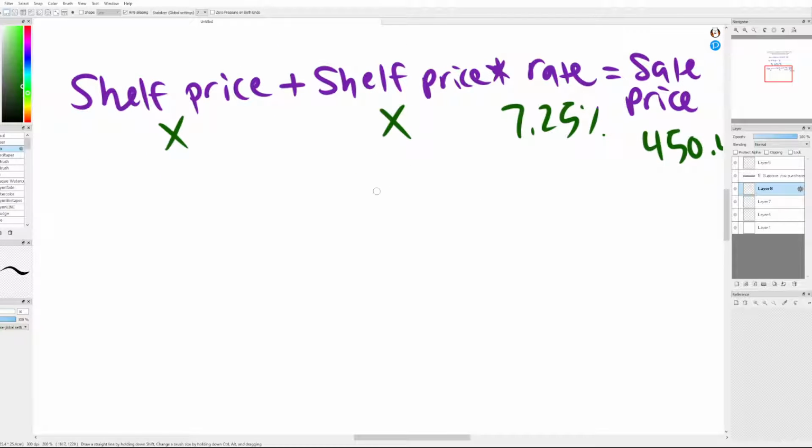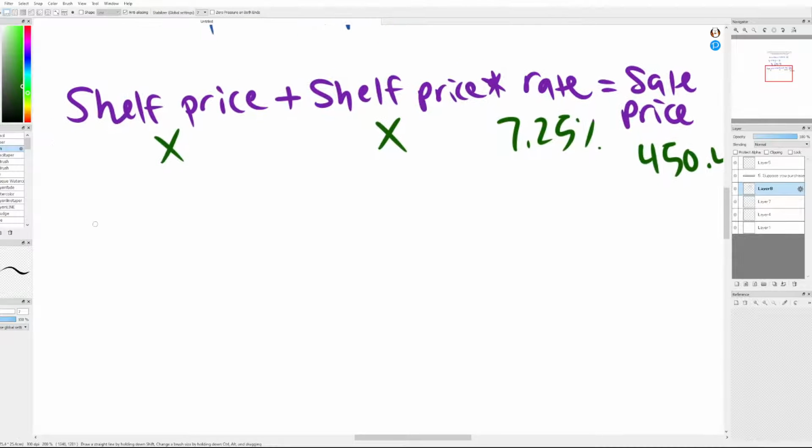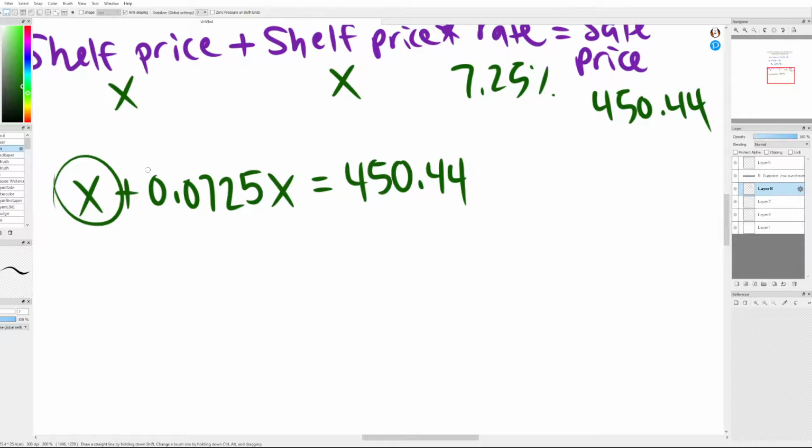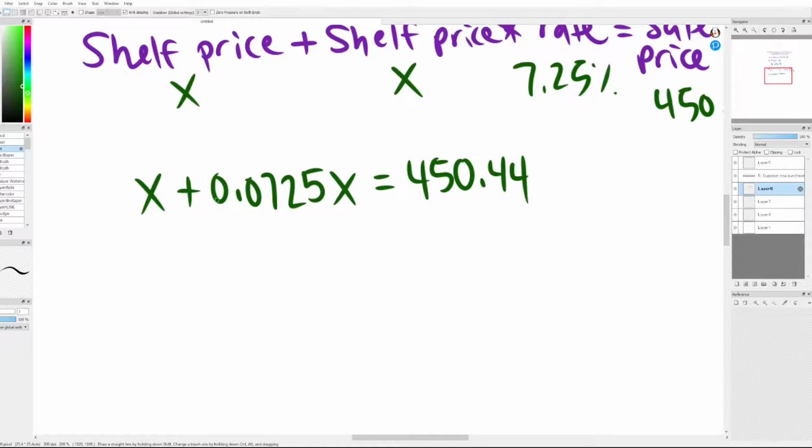So now we can put it into an equation. X plus 0.0725, because we want it to be in decimal form rather than percentage form, times X is equal to 450.44. We want to get X by itself because we want to find the shelf price.